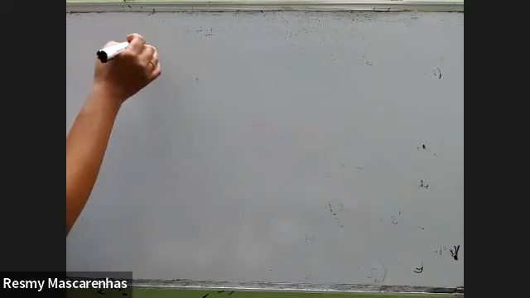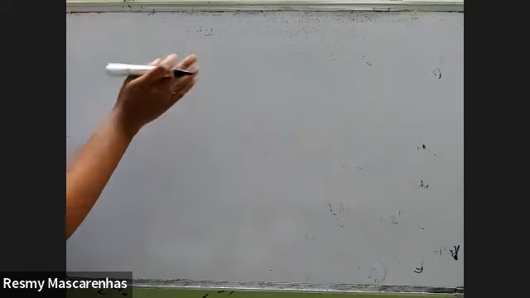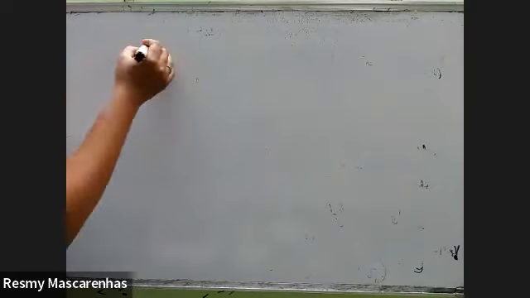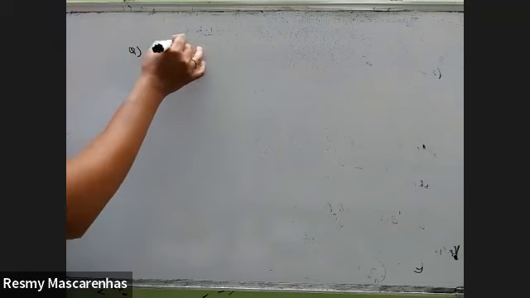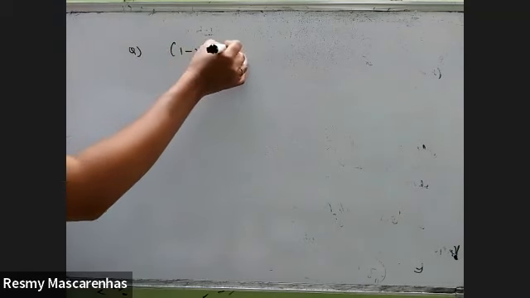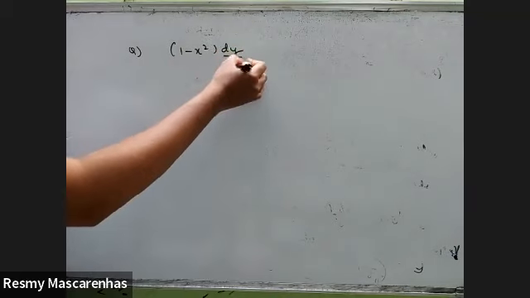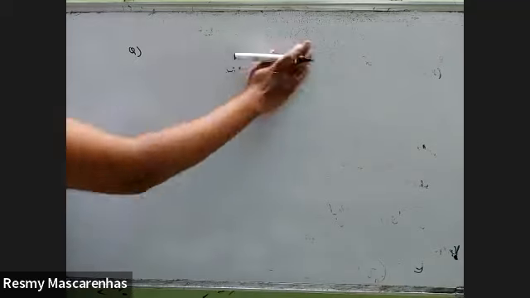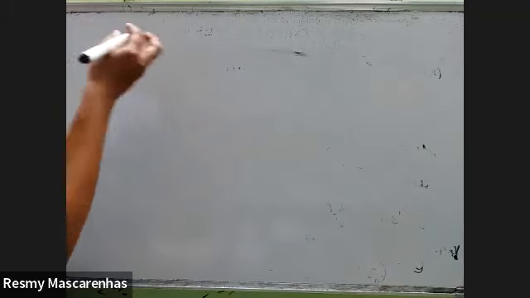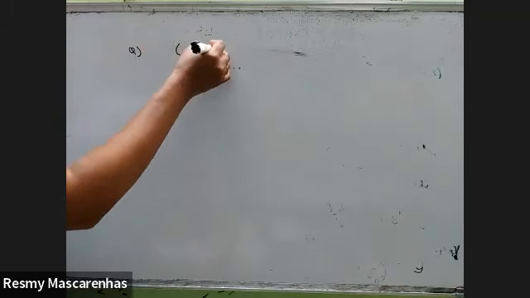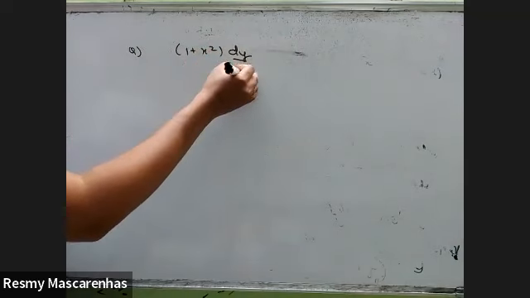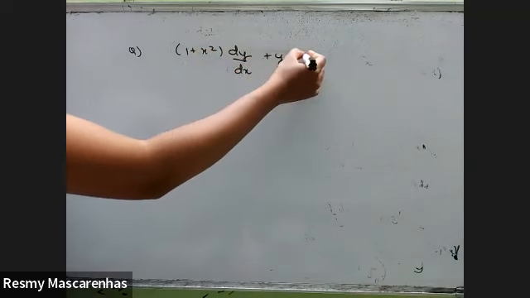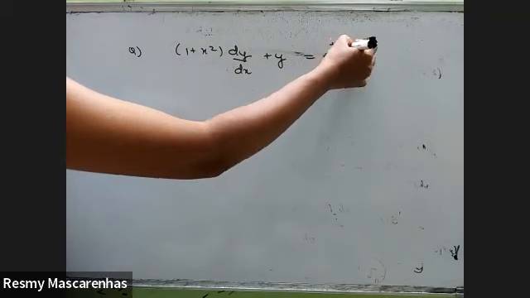So now whichever problems your college teachers are doing, take those problems and try to solve. One second, I took the wrong one. (1 plus x square) dy by dx plus y is equal to e raised to tan inverse of x.